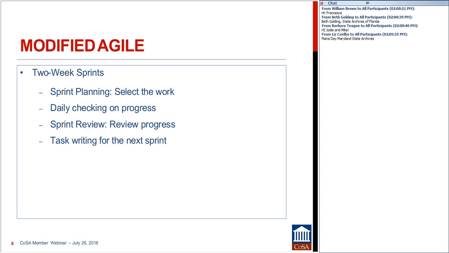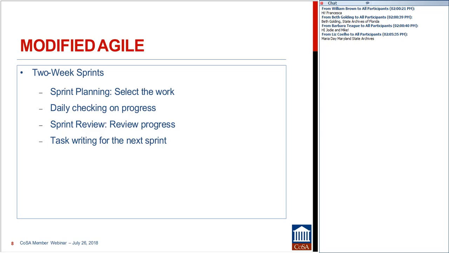And things happen, obviously, that mean that the ideal of having everything completed by the end of the 2 weeks is not always achieved. But we have a pretty good sense of the timing and the amount of work that will go into a task.